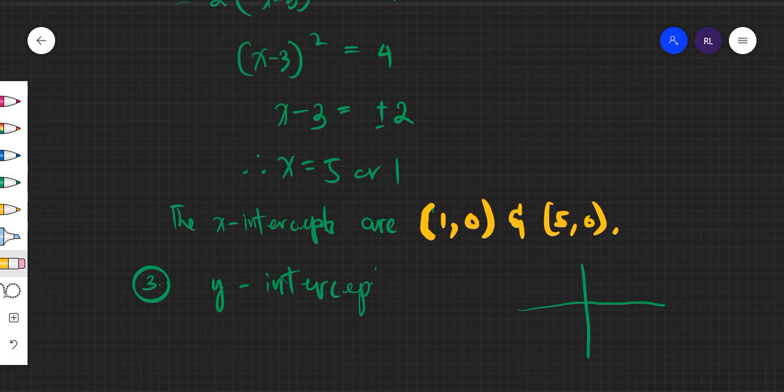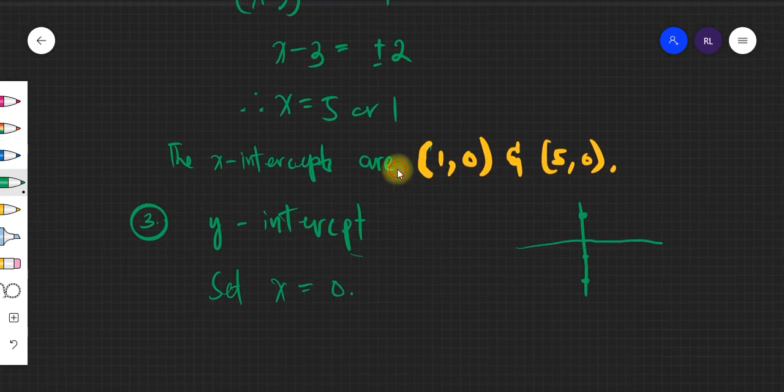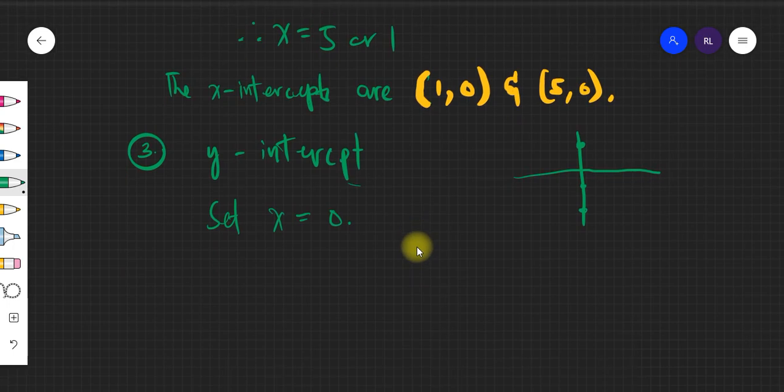The y-intercept is a point on the y-axis. Whatever point on the y-axis, x is always 0 there. So with the same logic, we will set x equals 0, then we can solve for y.